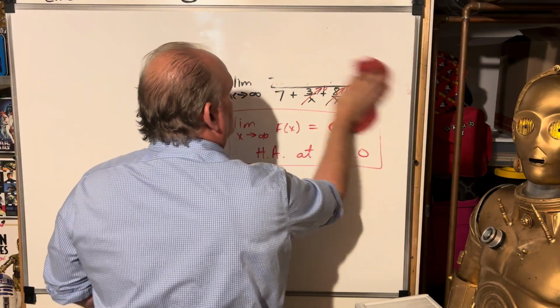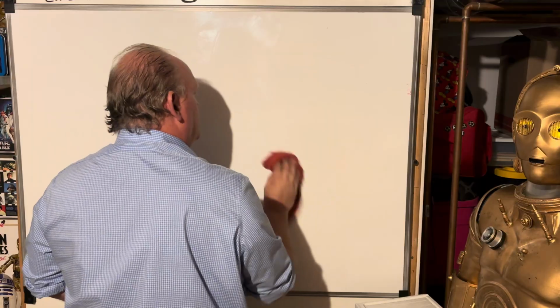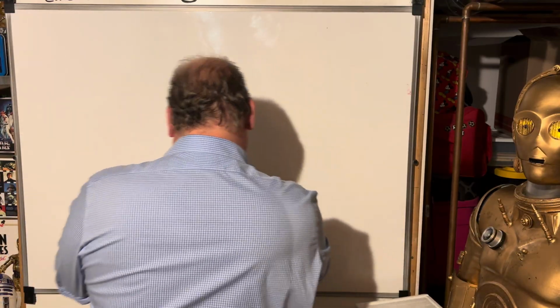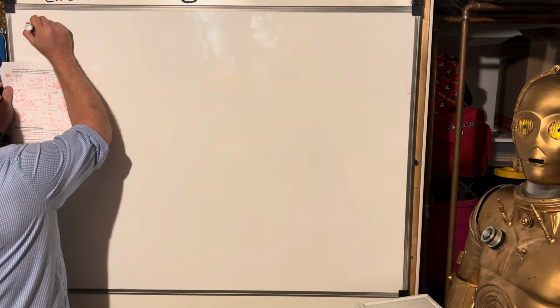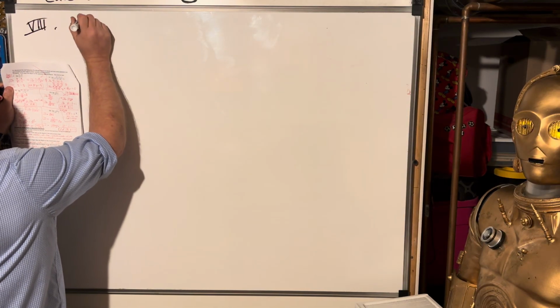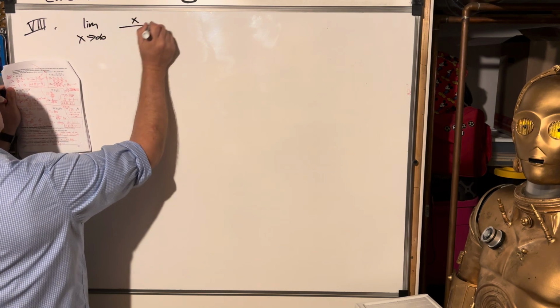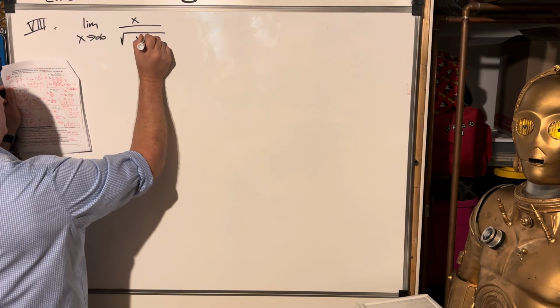It goes back to our finding common denominators. I think that's a little easier than factoring. Some people like to factor. All right, let's take a look at number 8. We've got the limit as x approaches infinity of x over the square root of x squared plus 1.